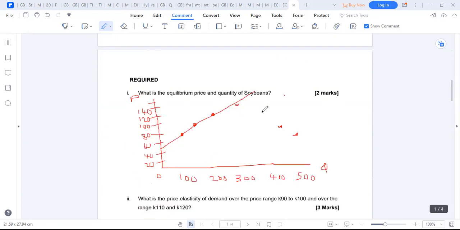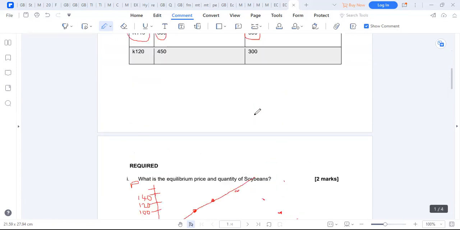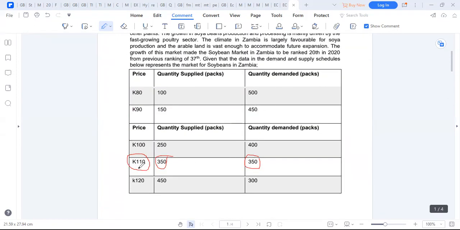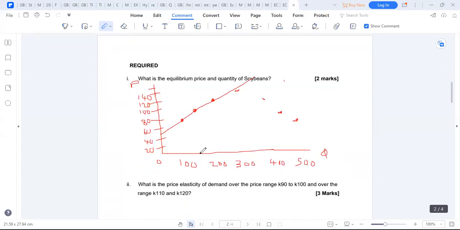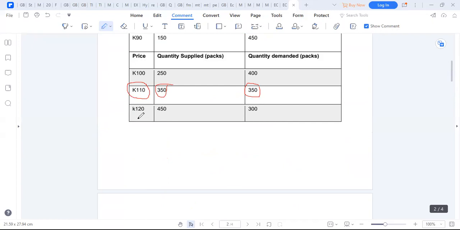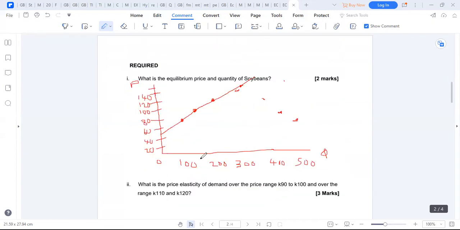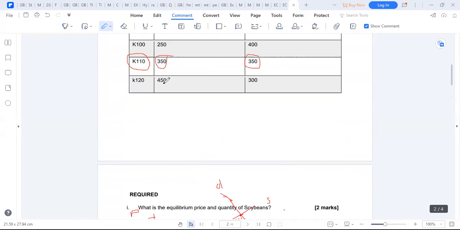Then 110 against 350, somewhere there. Then we have 120 against 300, somewhere there. So this is the demand and the supply. They meet at 350 and at the price of 110.